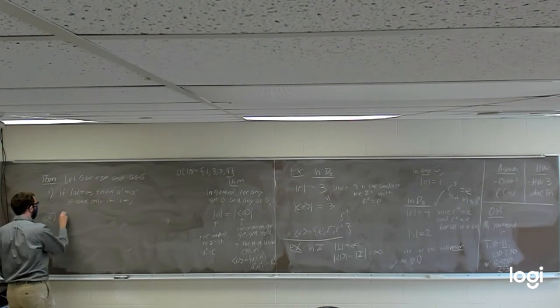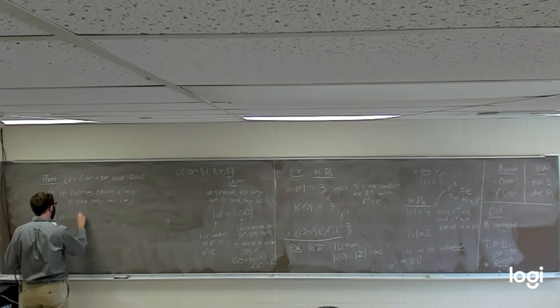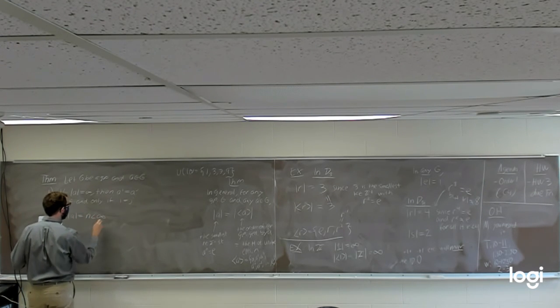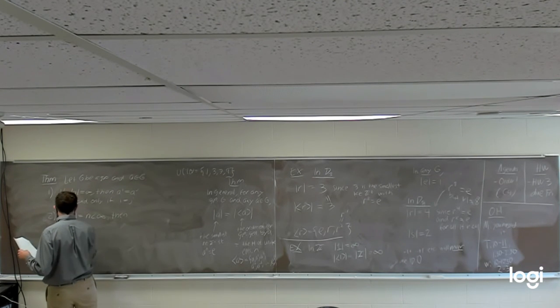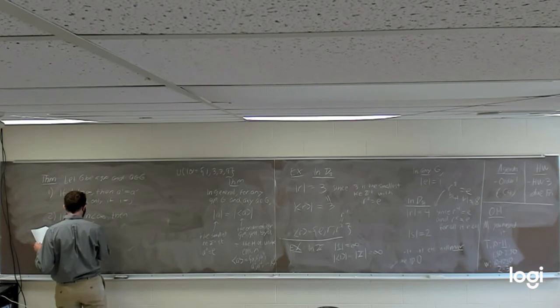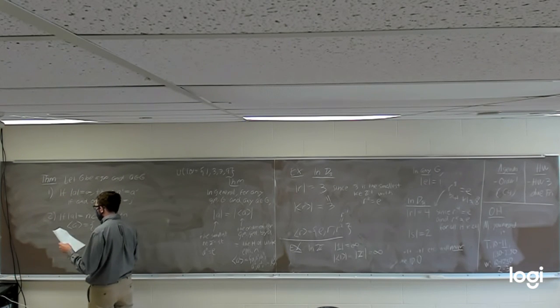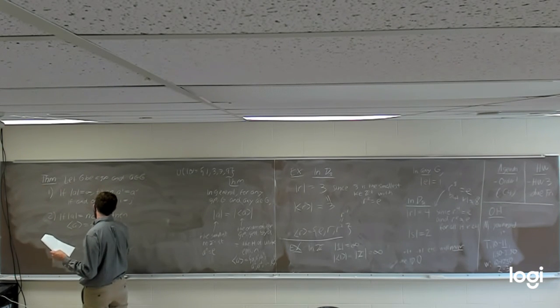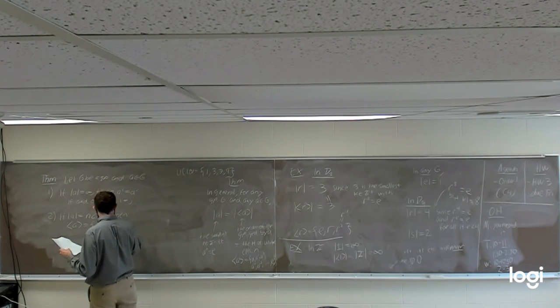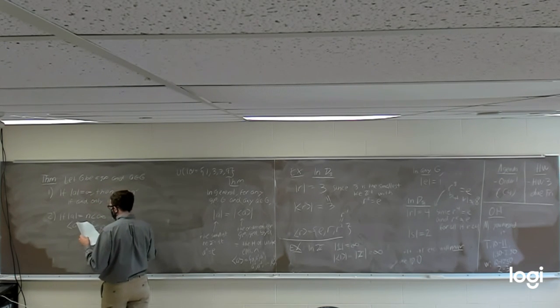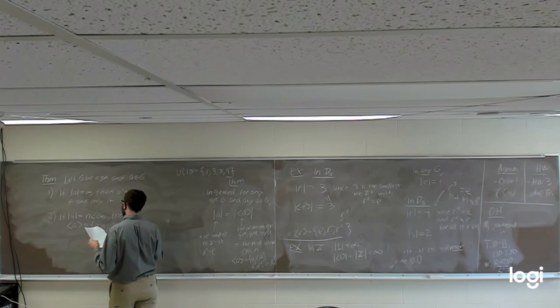And second, I claim that if the order of A is equal to some finite value n, then the group generated by A is going to be this set specifically. It's going to be the set containing E, A, A squared, up to A to the n minus 1.